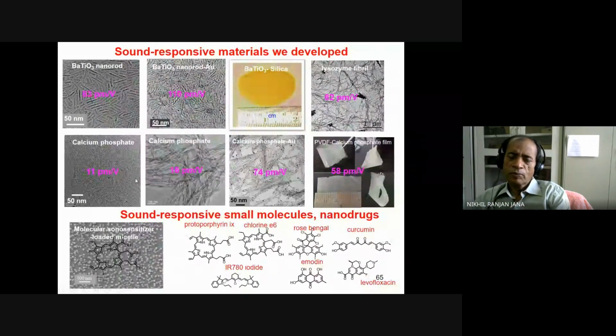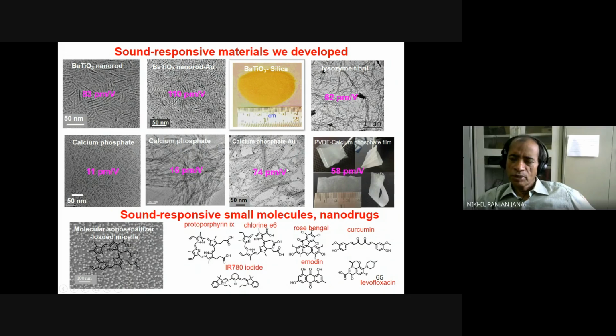These are the types of nanoparticles. They are piezoelectric nanoparticles. Piezoelectric means they generate charges in the presence of pressure. These are barium titanate nanorods. These are hydroxyapatite nanorods, nanowires. More anisotropic means more piezoelectric. These are piezoelectric constant values.